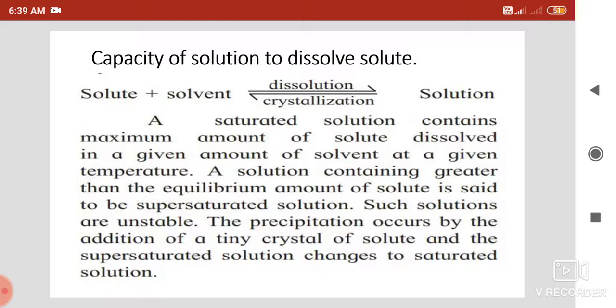Now let us see what a saturated solution means. Suppose we have taken some amount of water, say 100 ml, and we add salt to it. The salt will get dissolved in the water.